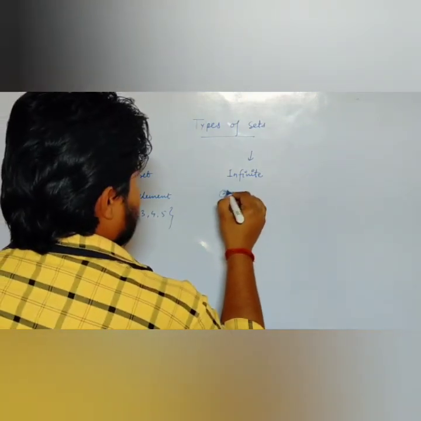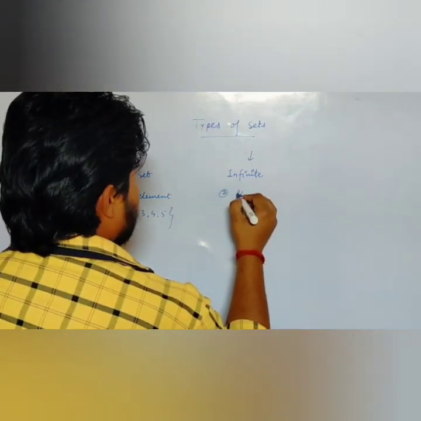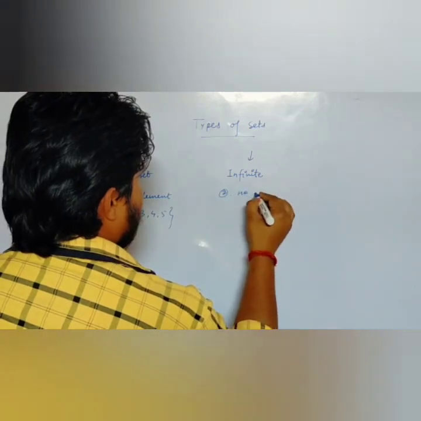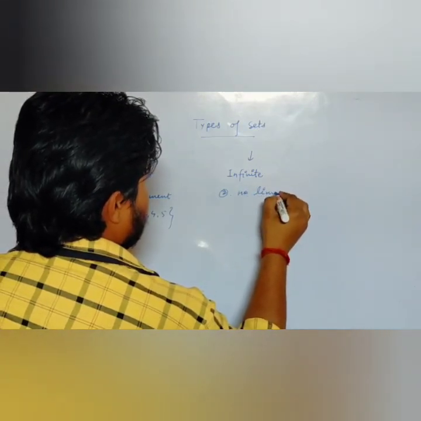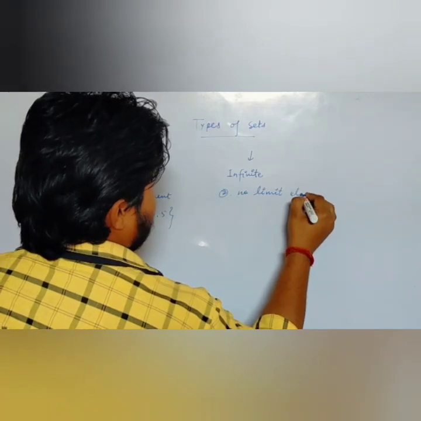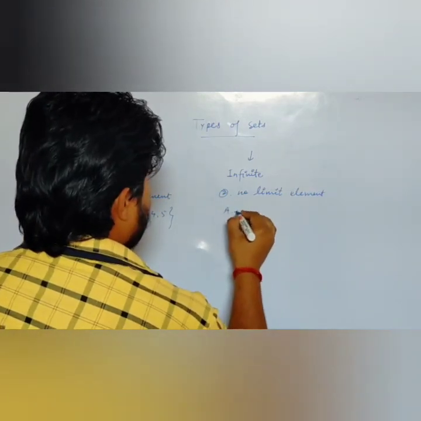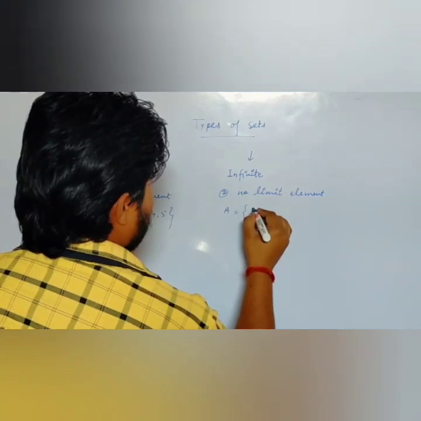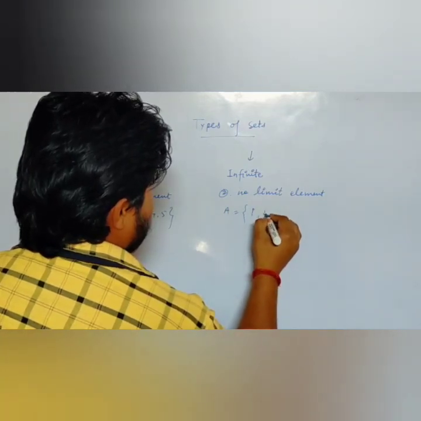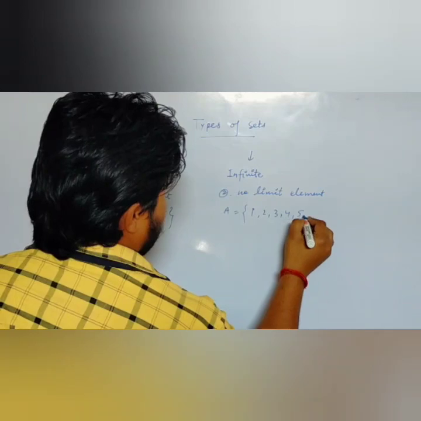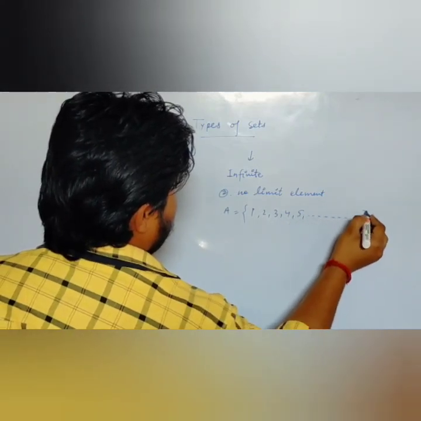But infinite has no limit in its elements: 1, 2, 3, 4, 5 and so on.